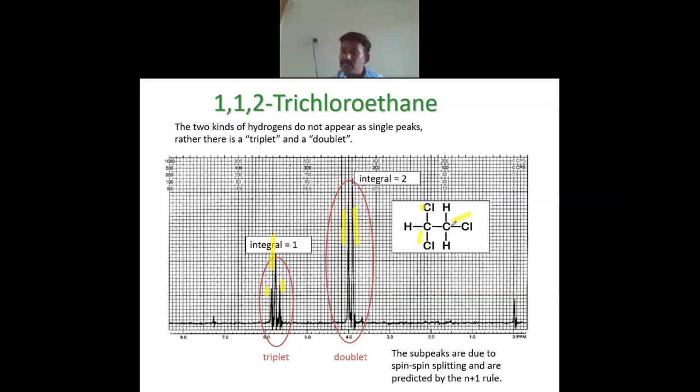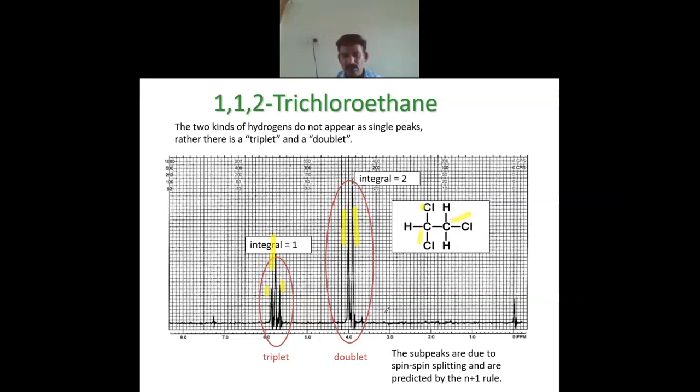And these two hydrogens are nearer to only one chlorine, and this one is near two chlorines. So here this is the lower deshielding effect. This comes to the higher field, meaning shielding effect. Here the deshielding. So this is the downfield and this is the upfield. See, upfield means this one will appear.